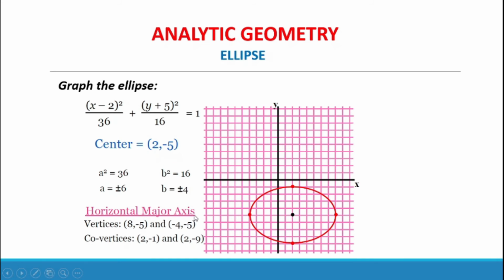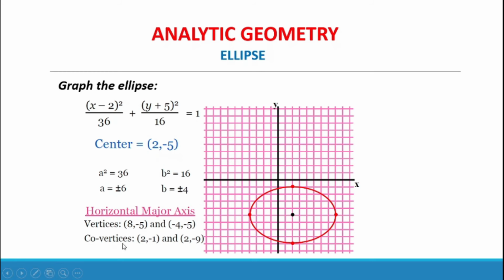For the horizontal major axis, the vertex is 2 plus 6, that's 8, and y is negative 5. For the vertex at the left side, that's 6 from the center, so 2 minus 6 is negative 4, or (negative 4, negative 5).